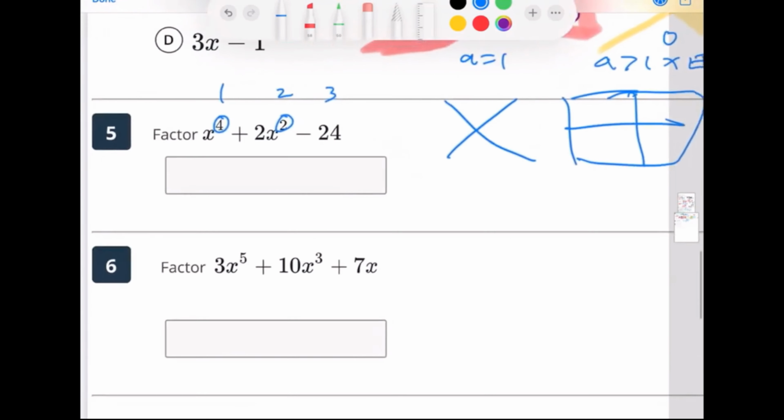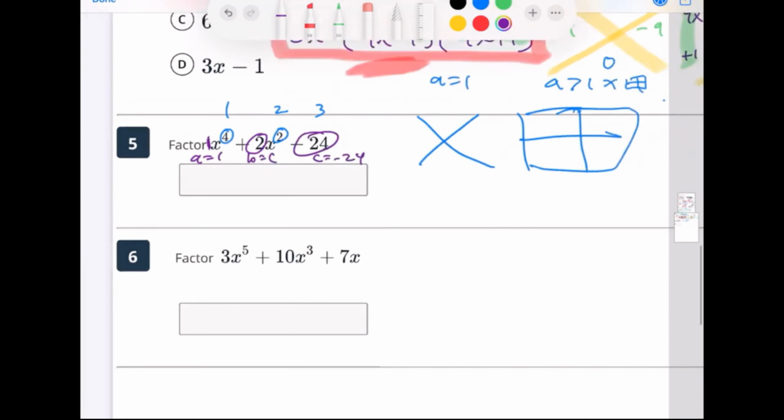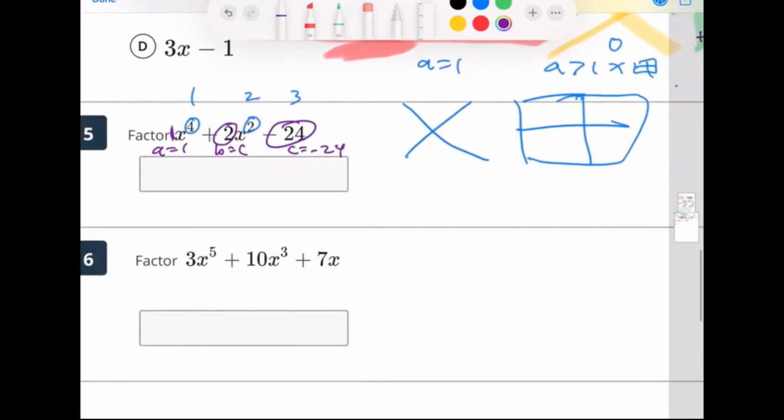So in this problem, a is 1, b is 2, and c is negative 24. So I don't need the box, but it'll help you understand why I got the answer, okay?